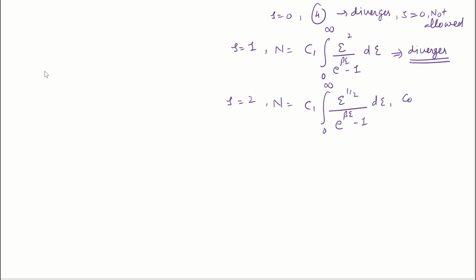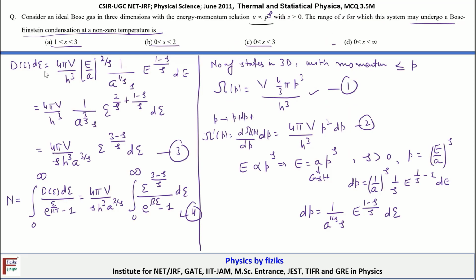Okay, so it doesn't diverge, it converges. And even for s equal to 3, one can easily show that equation 4 diverges. So that means out of the given options here, the correct one is option A.